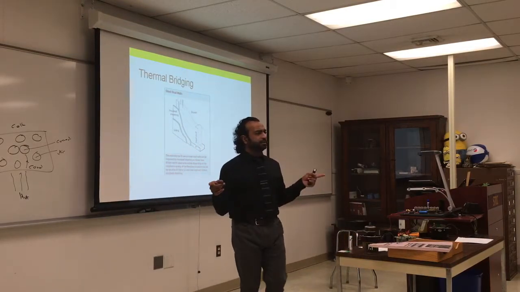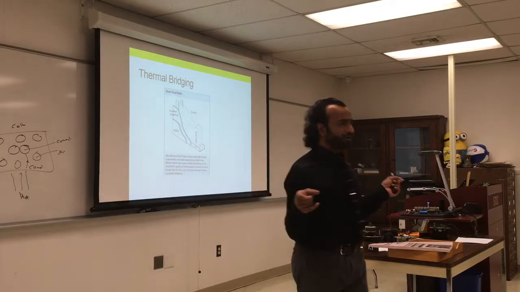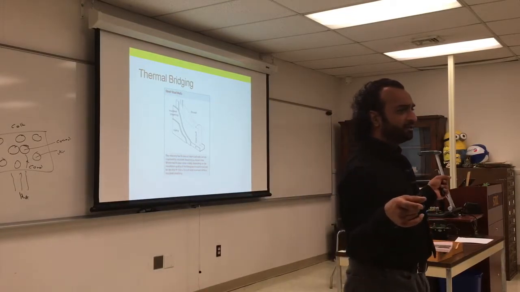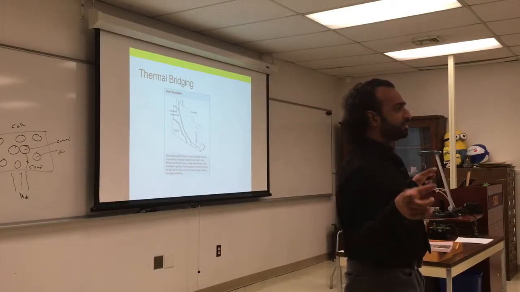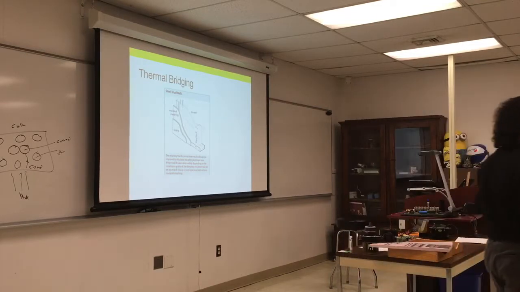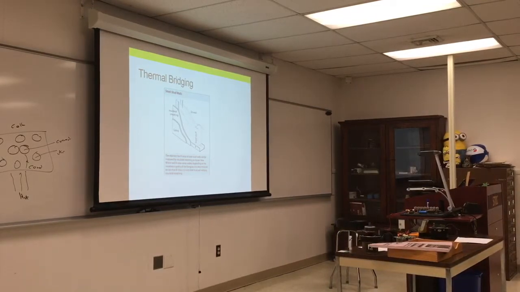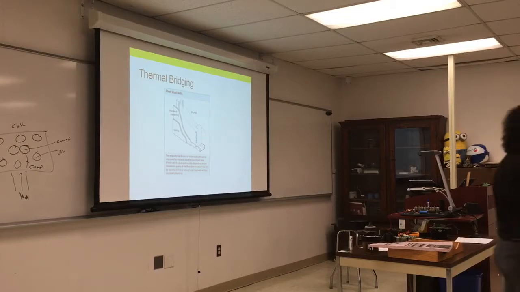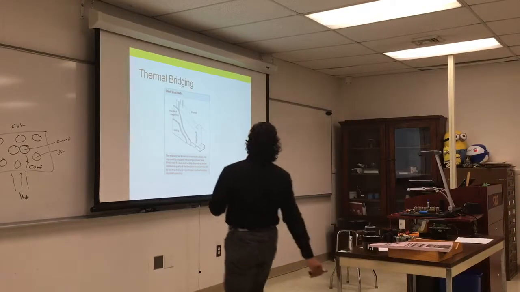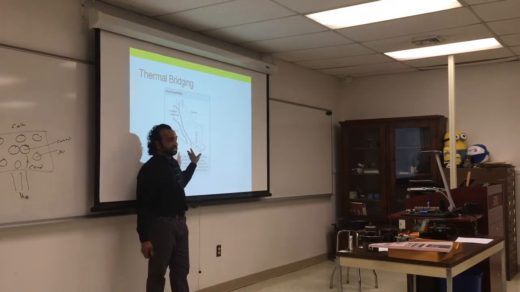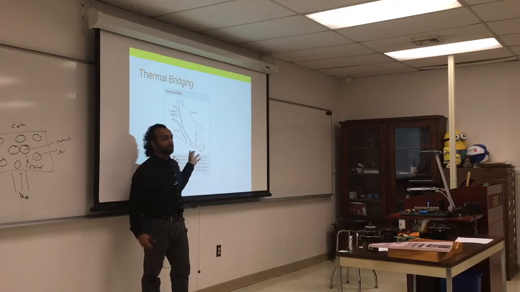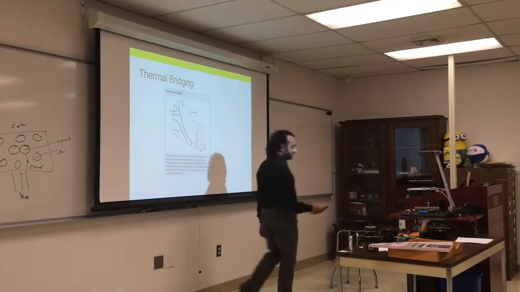Usually studs are 16 inches on center, so every 16 inches you find studs. So even if you keep adding R value in the middle here, you still have the studs issue in there. That's why they give it to you as a sandwich and a complete package.